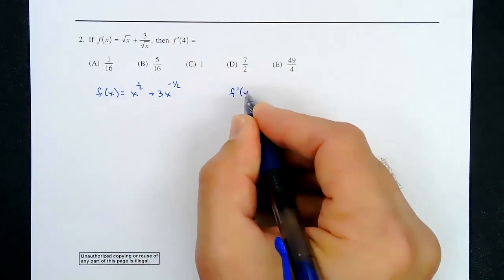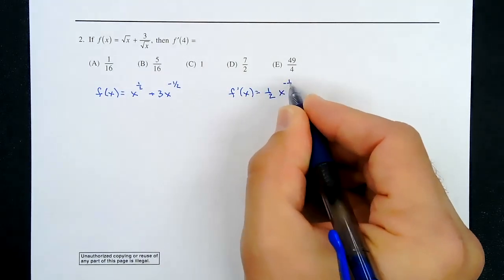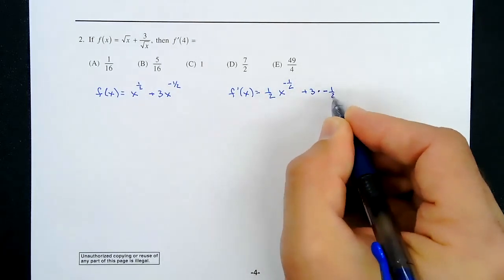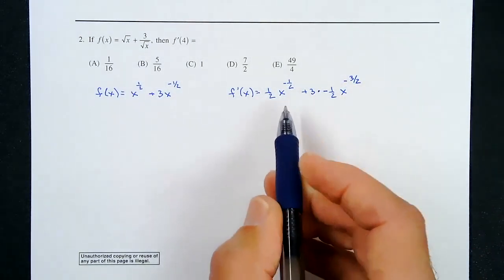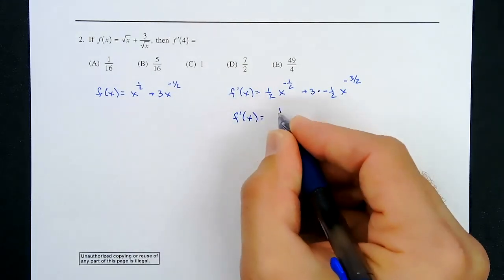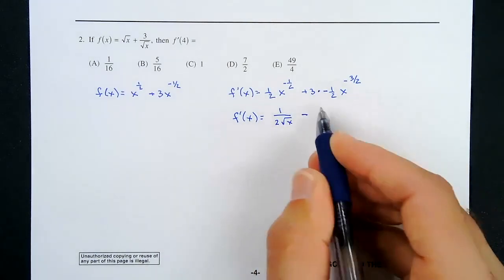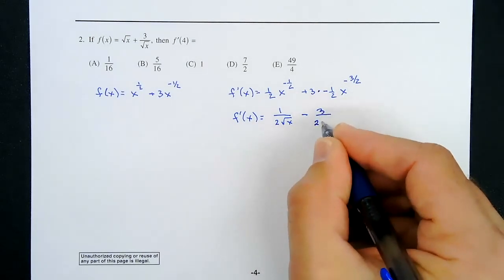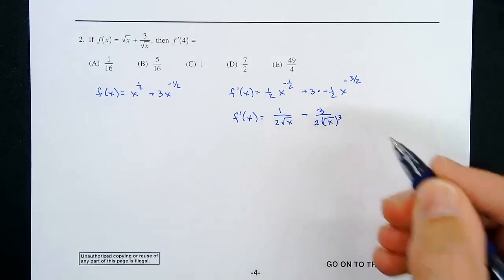So f prime of x would equal 1/2 x to the negative 1/2 plus 3 times negative 1/2 x to the negative 3/2 power. And so that makes f prime of x equal to 1 over 2 square root of x minus, because I'm multiplying, 3 over 2 the square root of x, raised to the 3rd power.